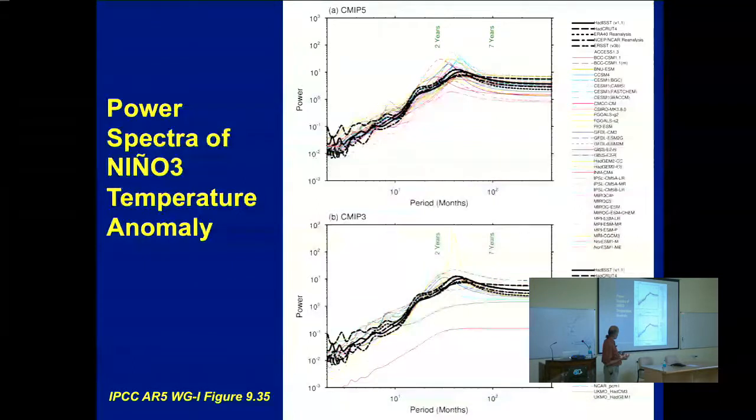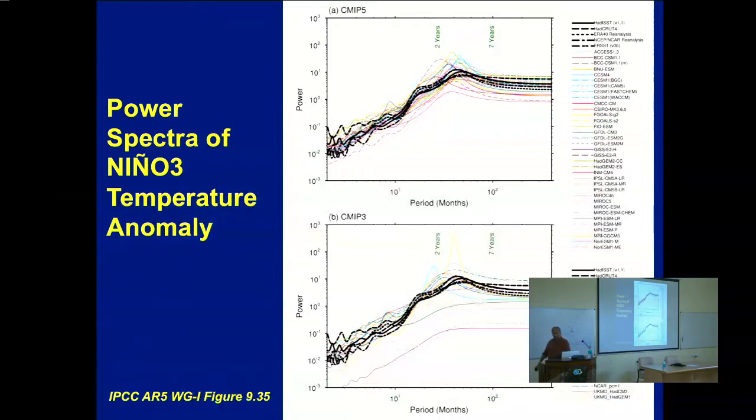Anything that shows an oscillation away from the peak that's observed here, or is too intense here, is telling you that there's some problem with those models. Whereas many models seem to follow what's observed.